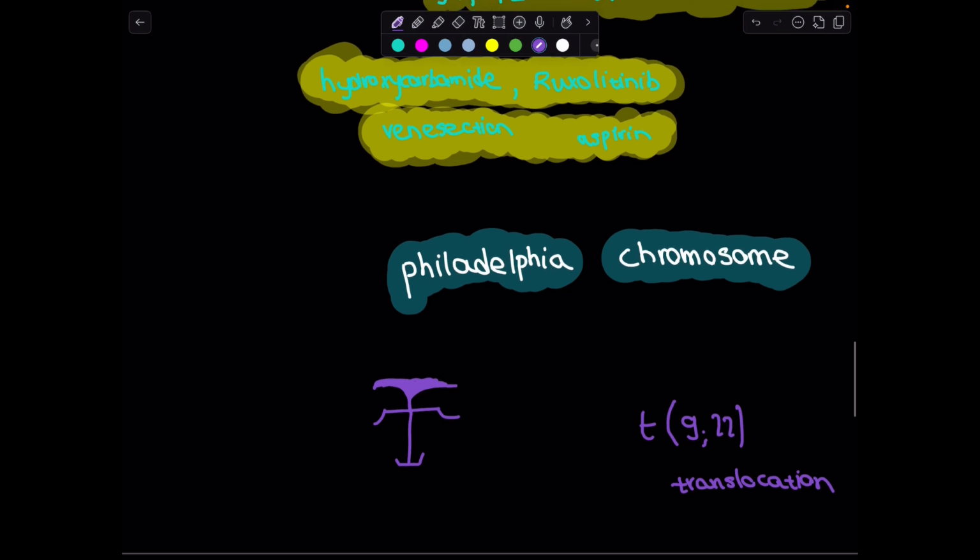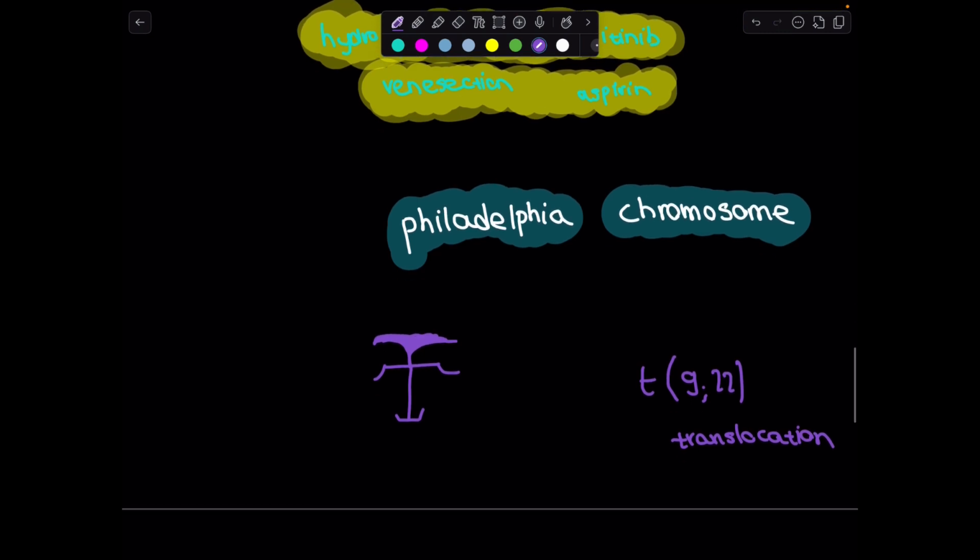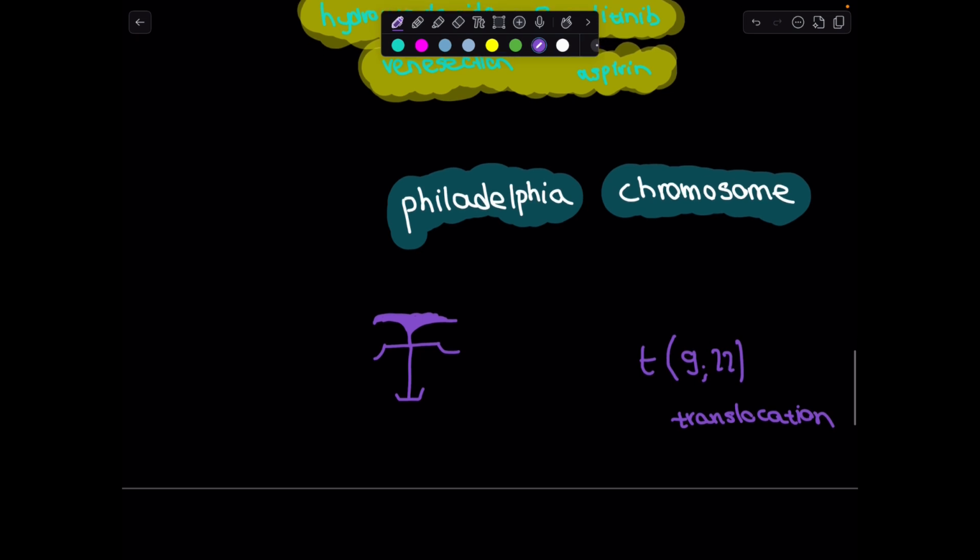I see. And what is this T9,22 translocation? Is it the same thing or something different? The T9,22 translocation is the exact genetic swap that creates the Philadelphia chromosome, so they're directly related, not different.